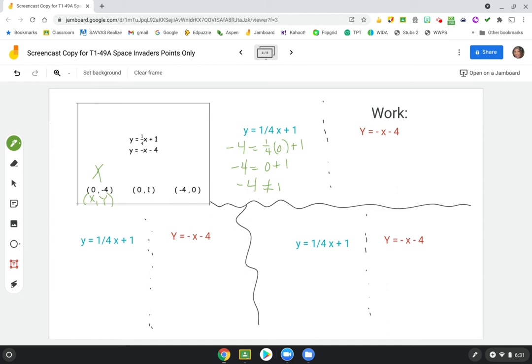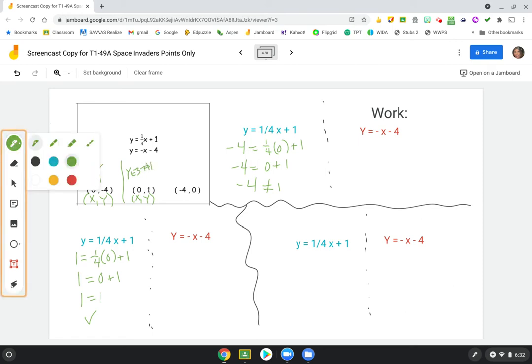If I check over here, this x, y combination, if I put 1 in for y and 0 in for x, I have 1 equals 1/4 of 0 plus 1, and 1/4 of 0 is 0. 1 equals 1. So that means yes, the point (0, 1) is on the first line, but I also have to make sure that it's on the second line. So I'm going to plug that in.